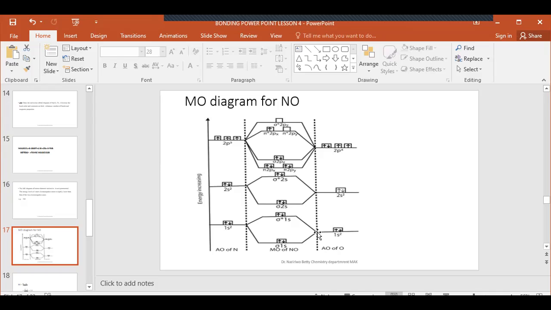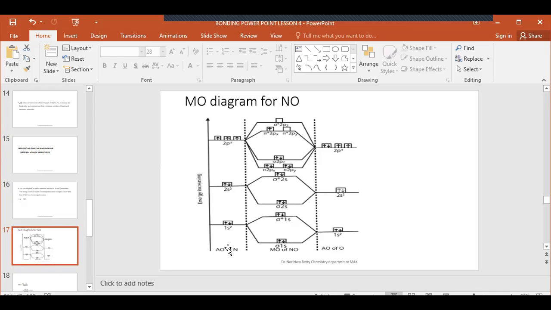Look at these points. Compare with the nitrogen, slightly higher. For all the orbitals, the energy level of oxygen is lower than that of the nitrogen. So nitrogen has 7 electrons, its atomic number, while oxygen's atomic number is 8.